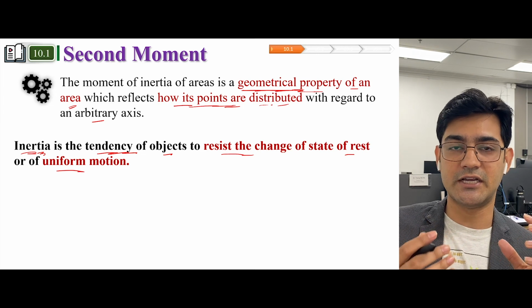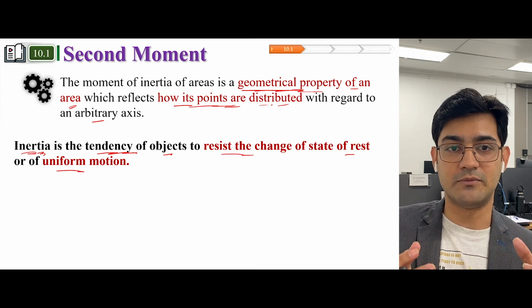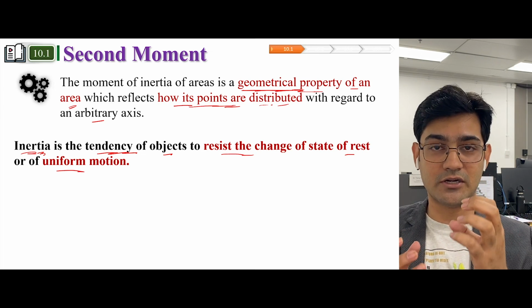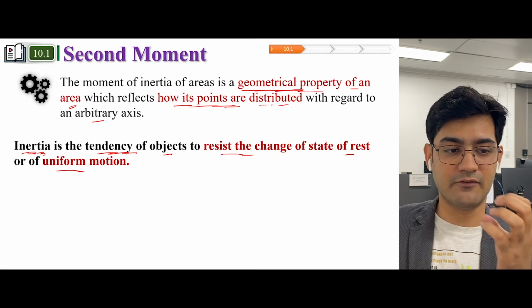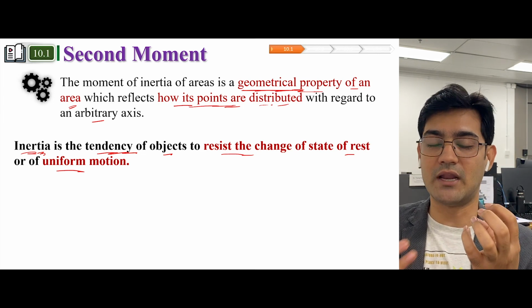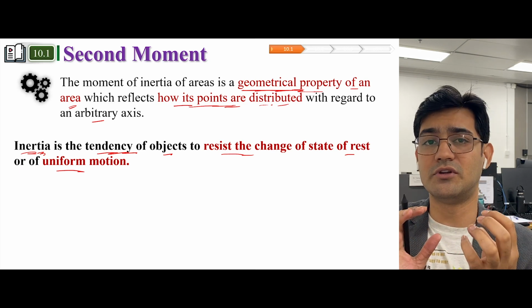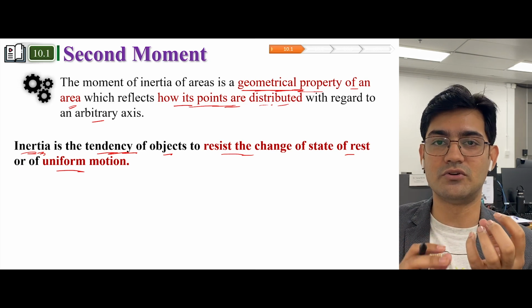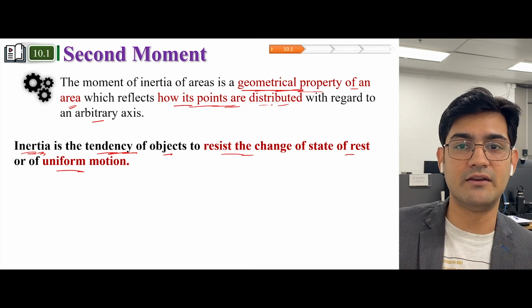So inertia is basically a quality of an object or a rigid body, that when a rigid body is moving, it would like to keep on moving. But if that rigid body is at rest, it would like to keep on staying at rest. So if we apply a force, it will try to resist that force and stay at rest. So this is how you define inertia.